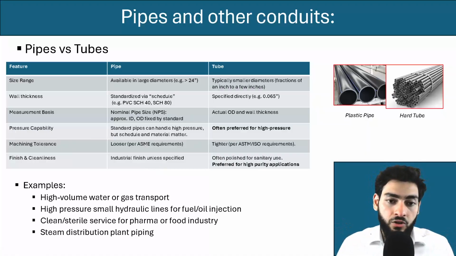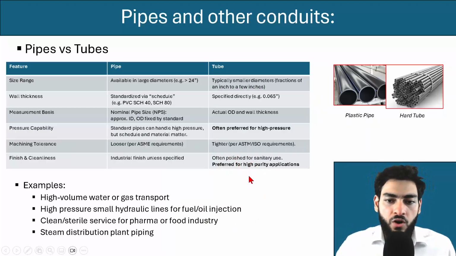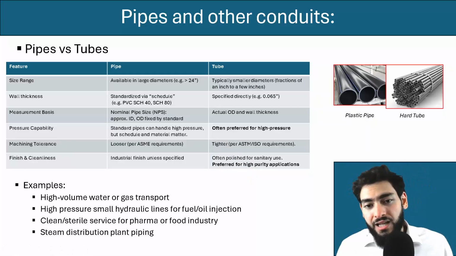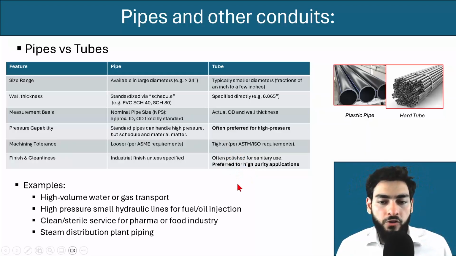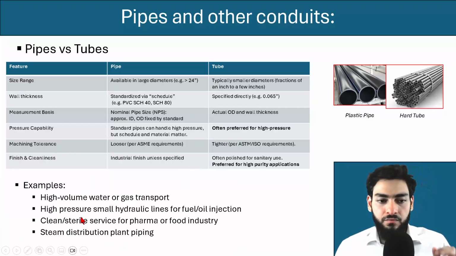You could see it installed in many industries. Tubes, however, are often preferred for high purity applications, and they can come polished and ready for sanitary use.